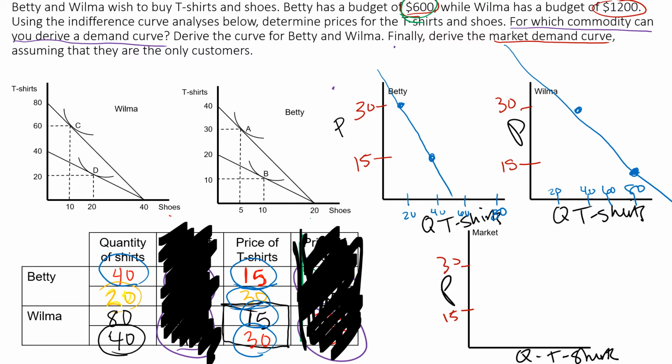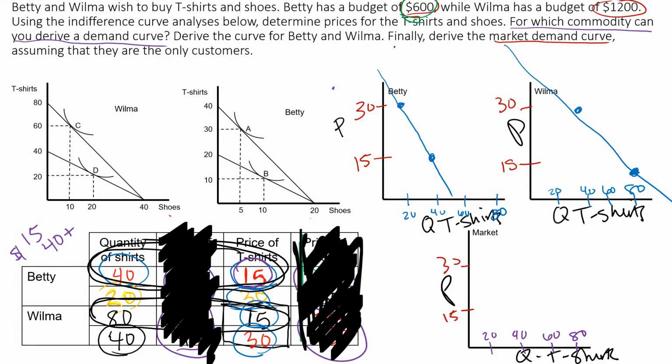So that is Wilma's demand curve. If we are doing their total curve, the market total, down here, we have 20, 40, 60, 80. So at $15, we have Betty's 40, and Wilma's 80.